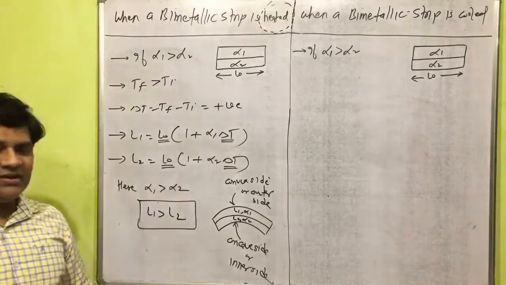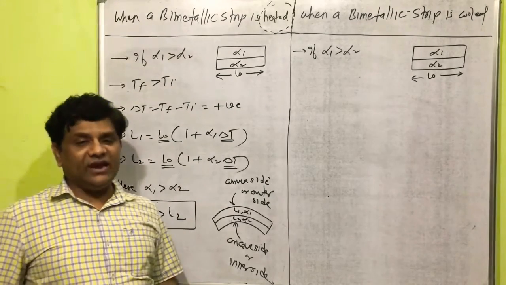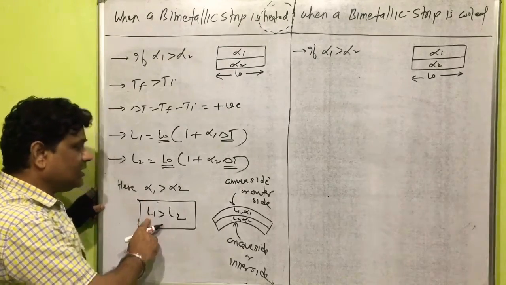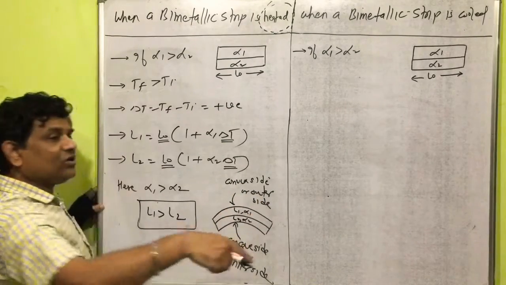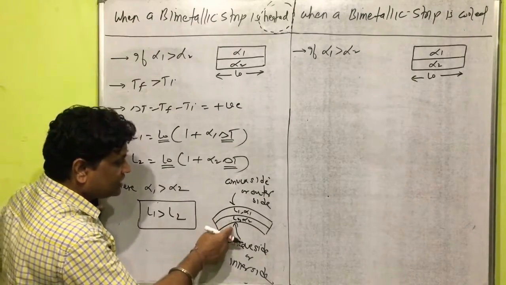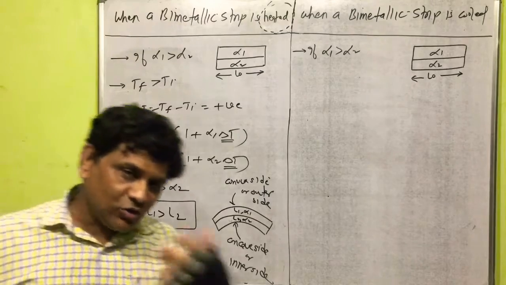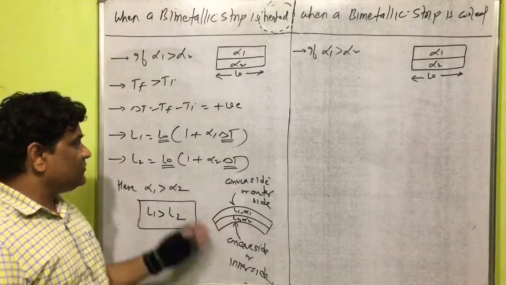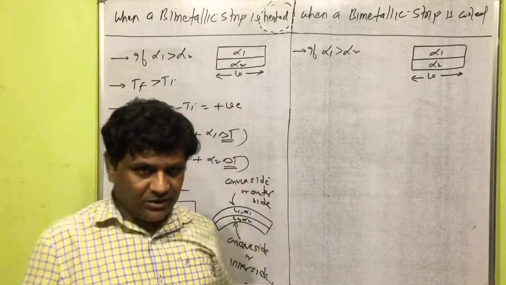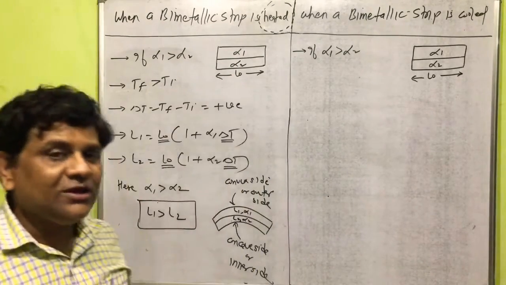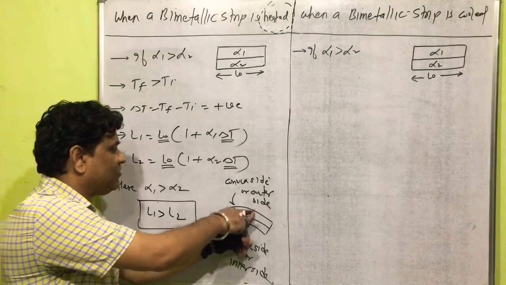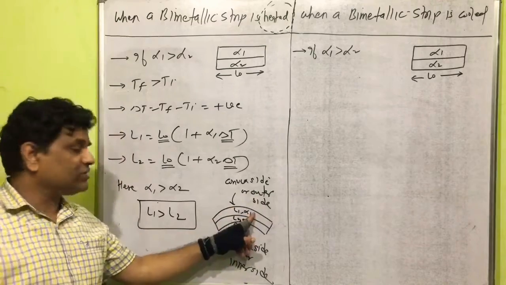So if alpha 1 is greater than alpha 2, it means L1 is greater than L2. More alpha, more length will be on the convex side or outer side. Less alpha, less length will be on the concave side or inner side. So what we are learning from this part is, when a bimetallic strip is heated, larger alpha will be on the convex side or outer side.